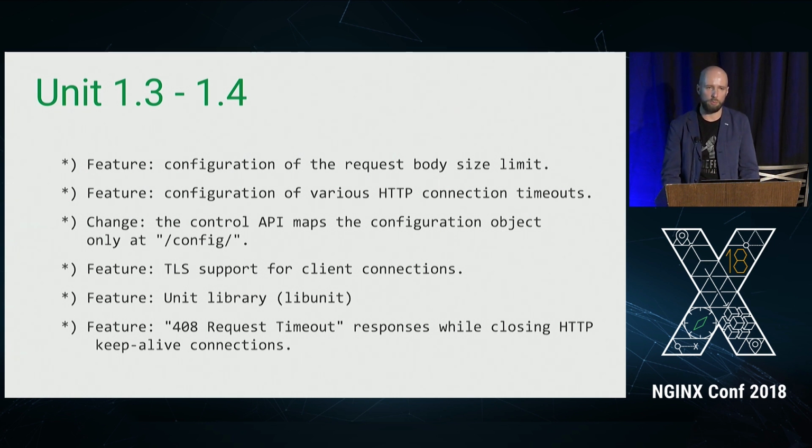So we added TLS support for client connectivity, and that functionality allows you to make changes to the SSL configuration, add and remove certificates, and replace the certificates based on the requirements through just simple API calls. We changed the code to add a library for better support for different kinds of applications, and added the 408 response when closing keepalive connections.